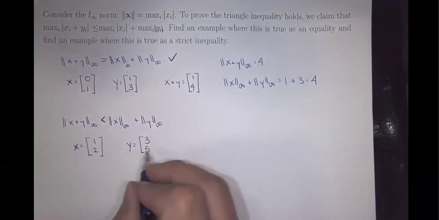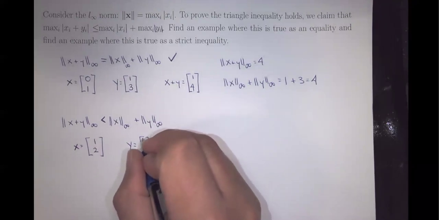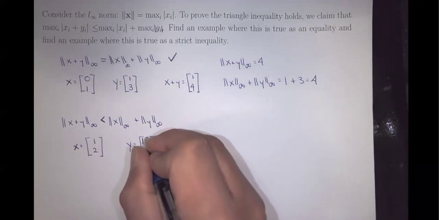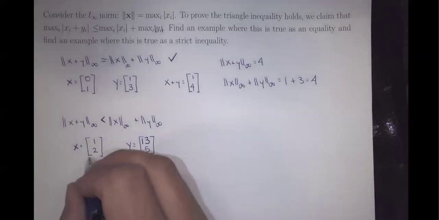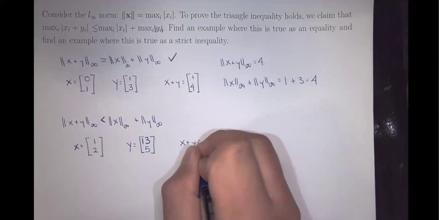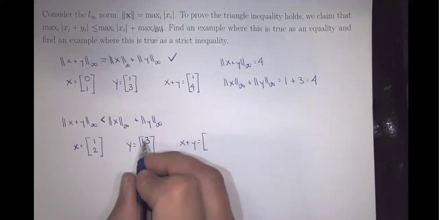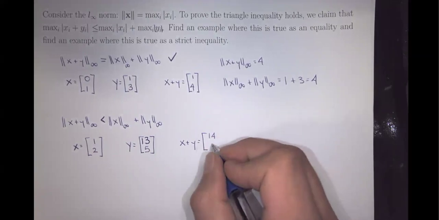Oh, that won't work because I have the same largest component. We'll say 13, 5. Okay, so now x plus y, this vector is 13 plus 1 is 14. 5 plus 2 is 7.